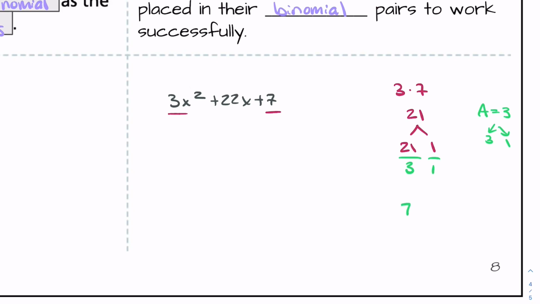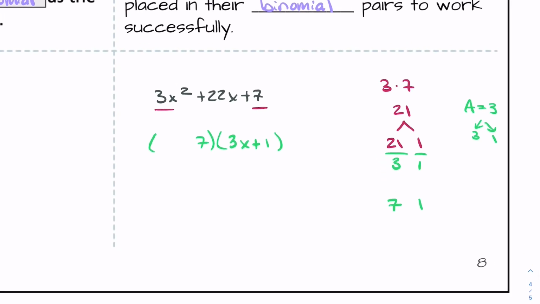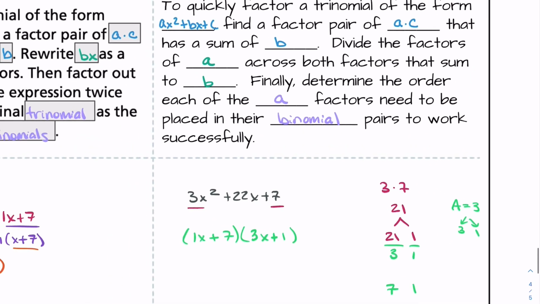So that leaves me with 7 and 1. So 7 and 1 go at the end. And the 3 and the 1 have to go in the beginning, but the question is, where does the 3 go? Well, 3 has to match 7, which forces the 3 to be in the other binomial, because 3 times 7 has to multiply to get the 21, which leaves us with the 1x right here. Okay? And so there you go.